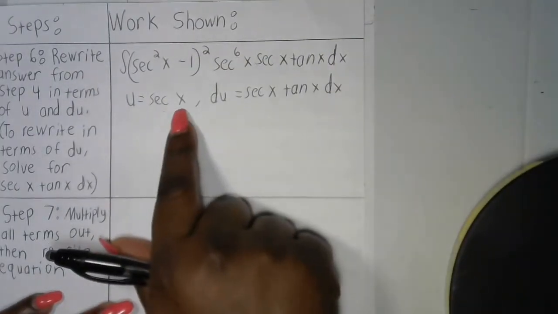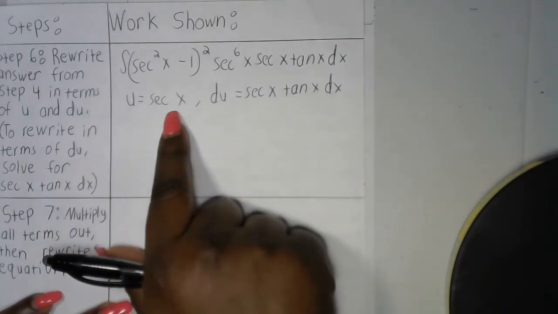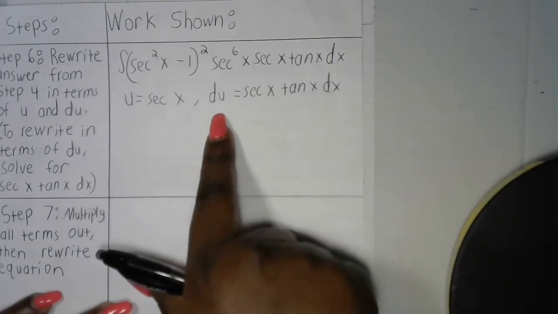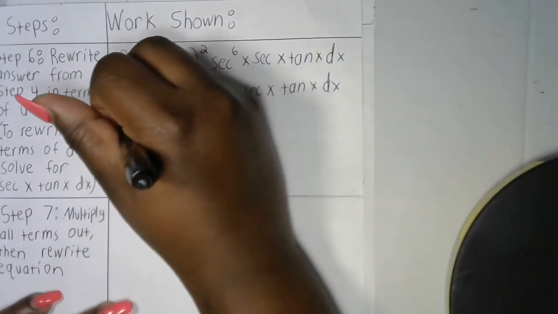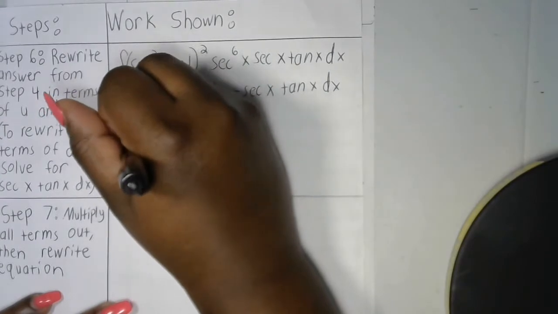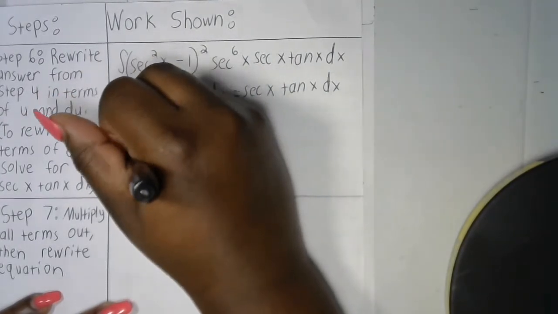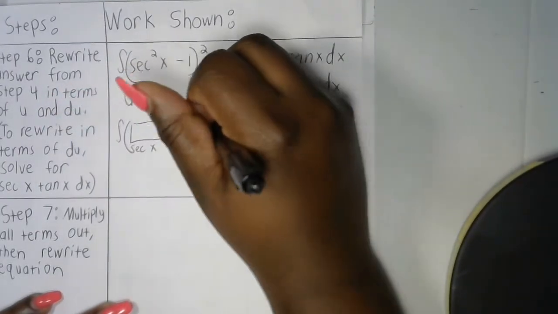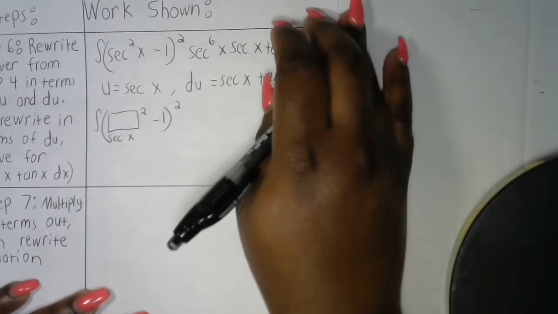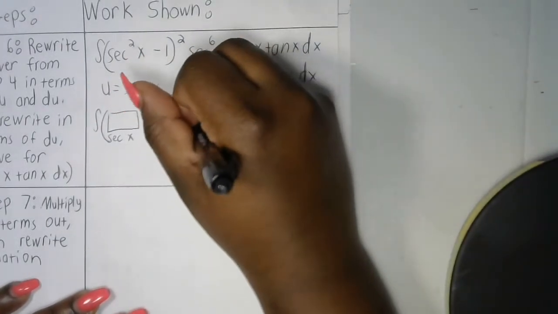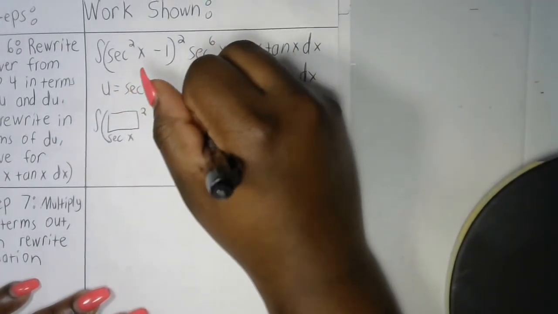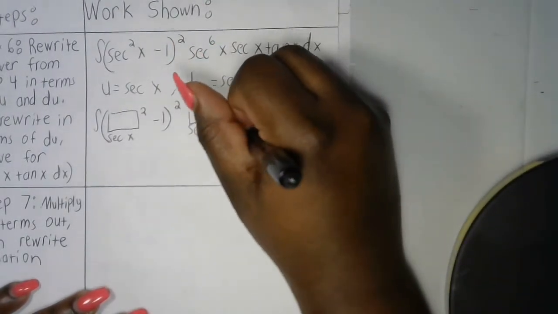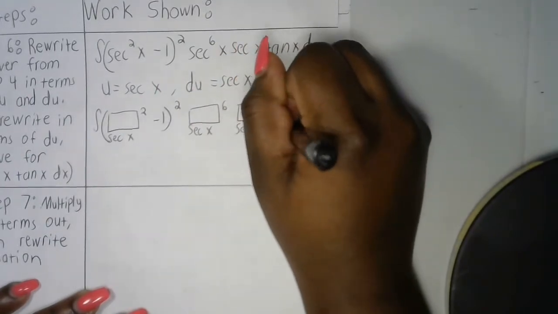Everywhere that we see secant x, we're going to replace it with u, and where we see secant x tan x dx, we're going to replace that with du. I'm going to use some boxes here to show you what I mean. So secant x squared minus 1 squared, and then times secant x to the 6th, times secant x tan x dx.